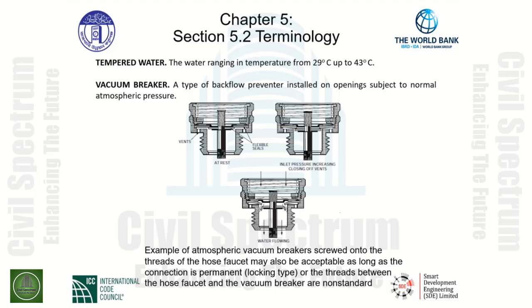In an at-rest condition, the flexible seals are closed, again referring to the upper left-hand portion. If there is any type of siphonage coming back through in the opposite direction of the water flowing, the seals will maintain a barrier and not permit the water to flow back into the potable water supply.